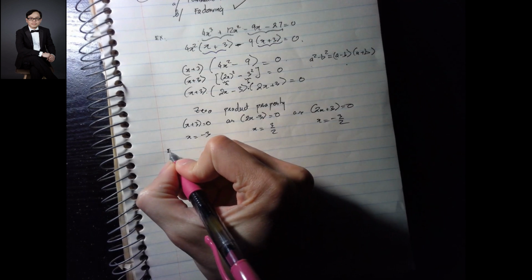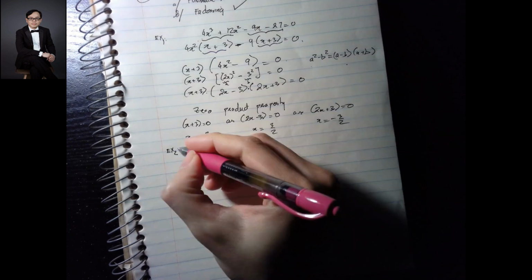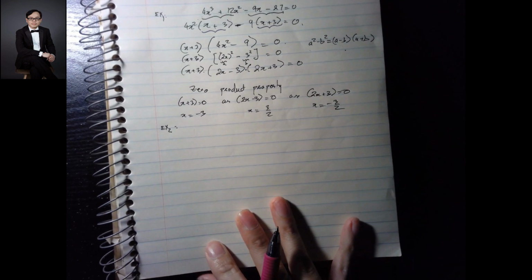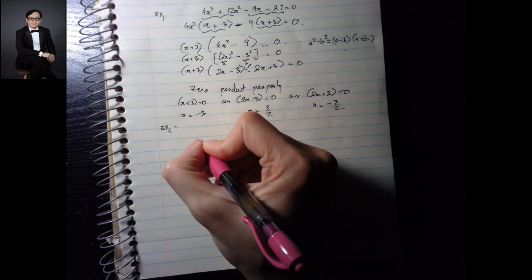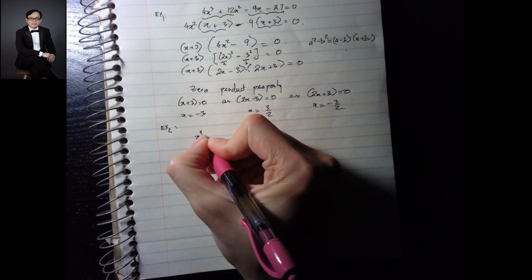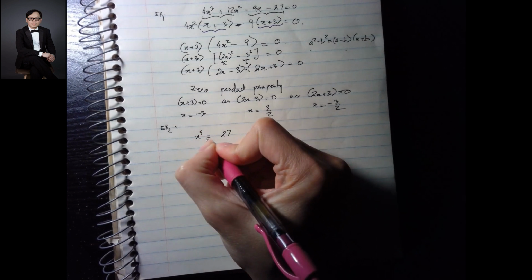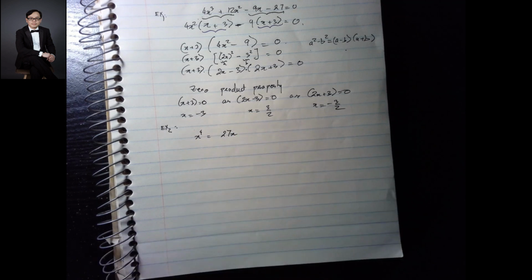Let's do another example that contains a higher degree, for example like 5th degree or 4th degree. Let me see. For example, I have x to the 4 equal 27x. Alright, so we always want to have 0 on one side.